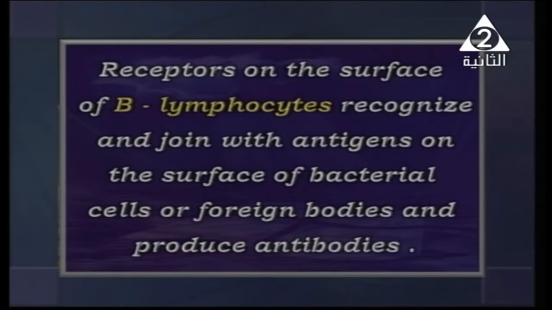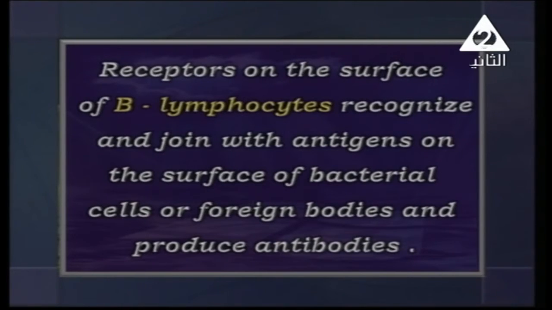The antigens are related to the bacterial cells. B lymphocytes want to recognize these antigens. Why? To let the immune system see this type of invasion with antigen on the surface of the bacterial cells or foreign bodies, and after that they produce antibodies.